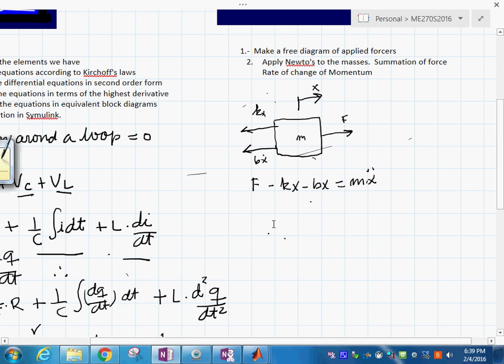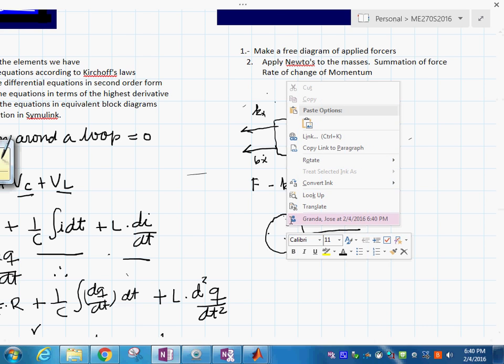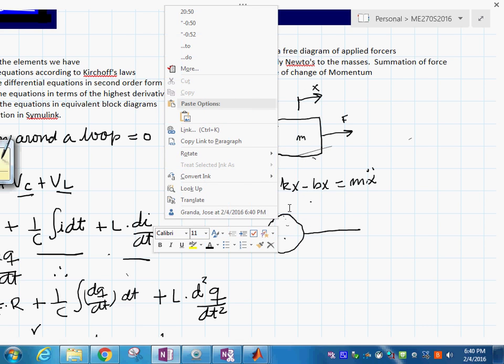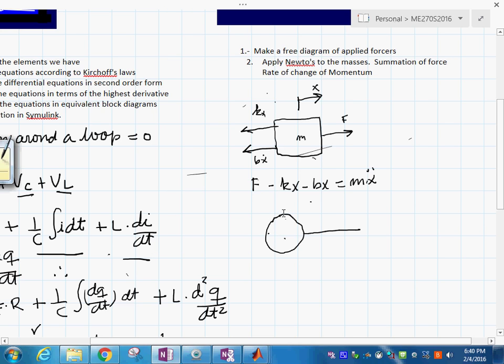We create a block diagram. This is part of it. This is F. This is m x double dot.